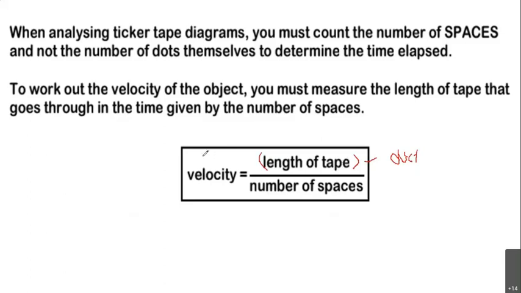Okay, we're just applying it to this particular situation. So the length of tape gives us our distance, and the number of spaces multiplied by the time interval, which is 0.02, is going to give us our time.